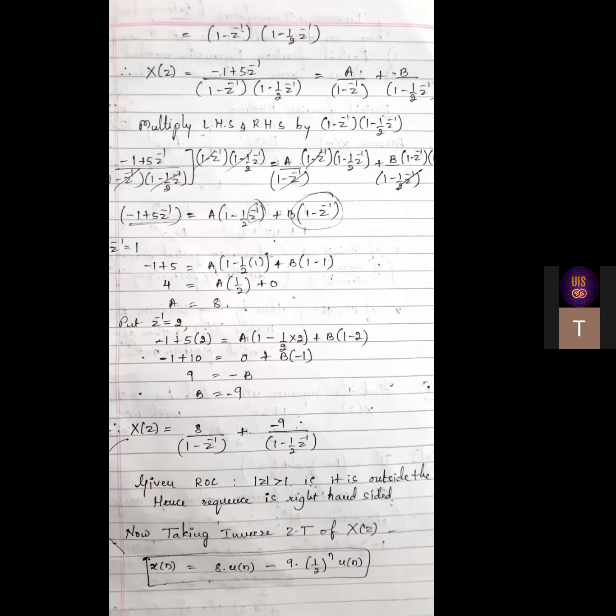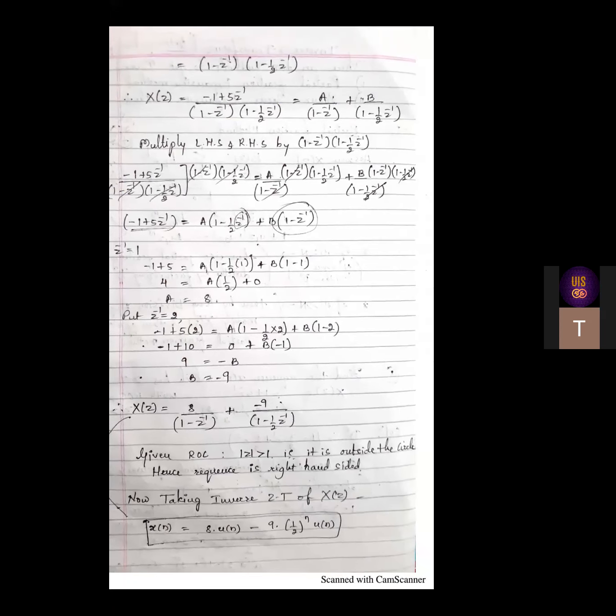If we do that, see, this is your X of z. Okay, it is multiplied by this denominator term at the LHS, and even at the RHS also. Even at the RHS, if you see, A divided by this is the same term, and it is multiplied by this complete two brackets, and B divided by something, it is multiplied by two brackets.